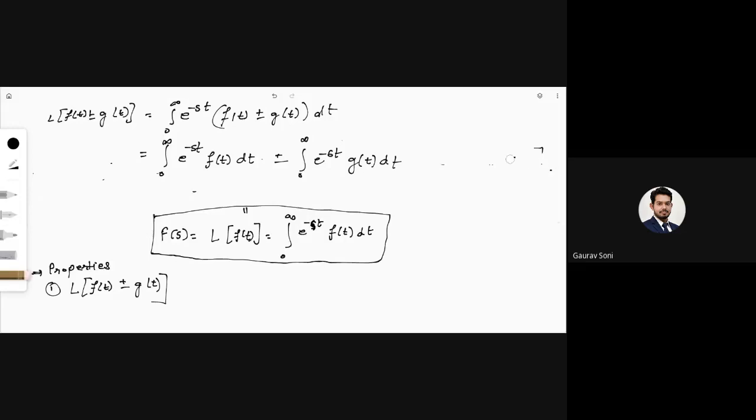The first integration is nothing but the Laplace transform of the function f of t, and the second integration is nothing but the Laplace transform of the function g of t, which I can also write as capital F of s plus minus capital G of s.